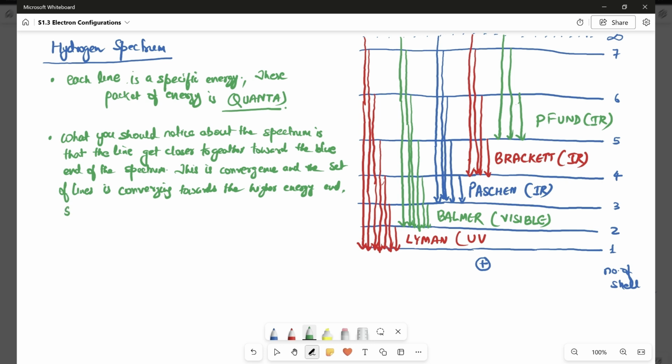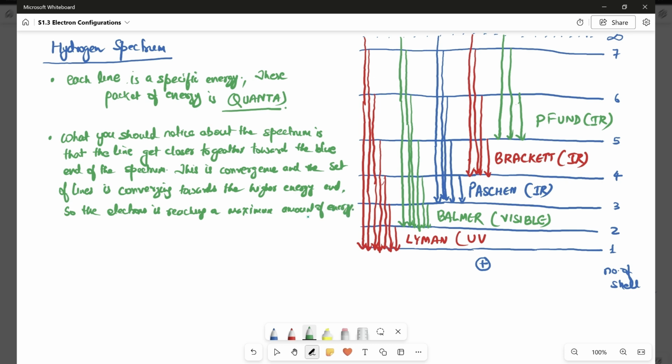So the electron is reaching a maximum amount of energy.